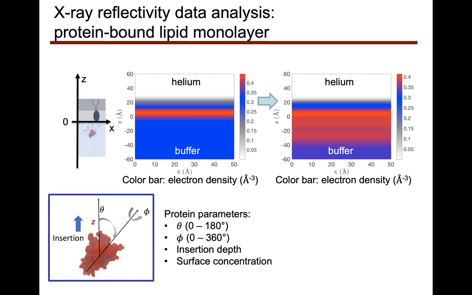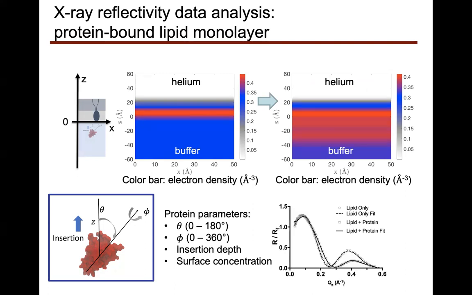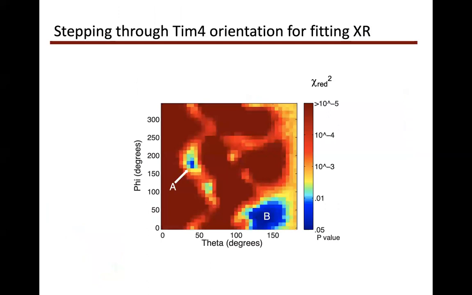And what we do in order to see the orientation is to systematically rotate the protein and generate what would be the computational version of what the reflectivity would be like by projecting its electron density to the z-axis. If you were to rotate it and look at all possible conformations, each time comparing with the experimental result, you would get something like the heat map shown here.